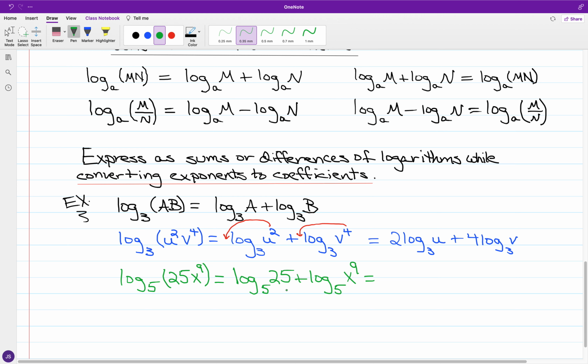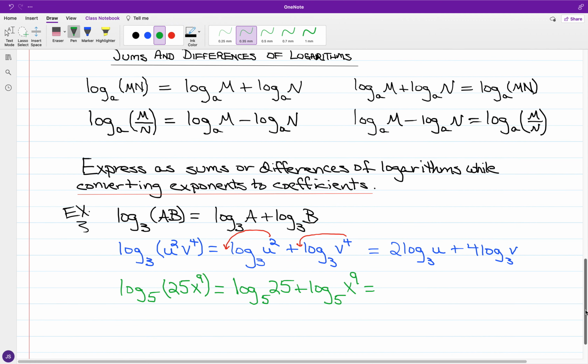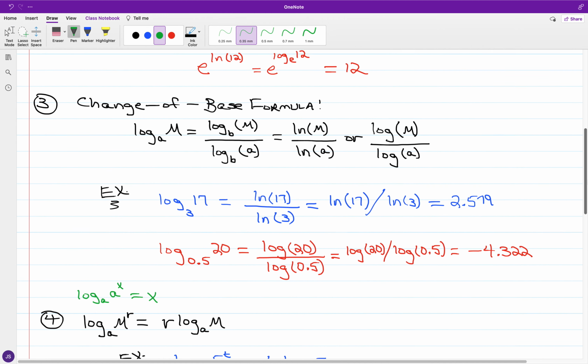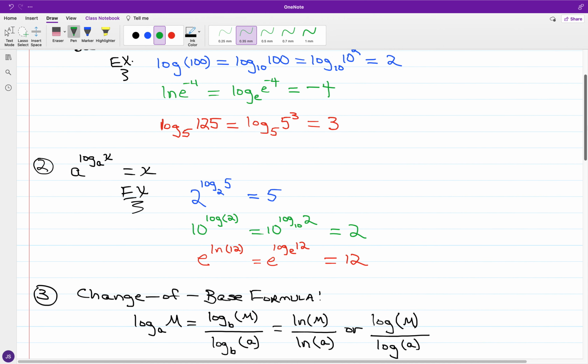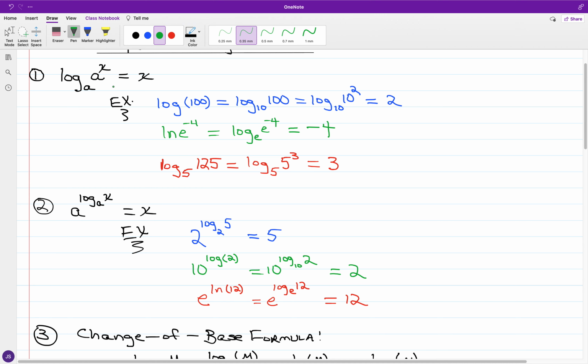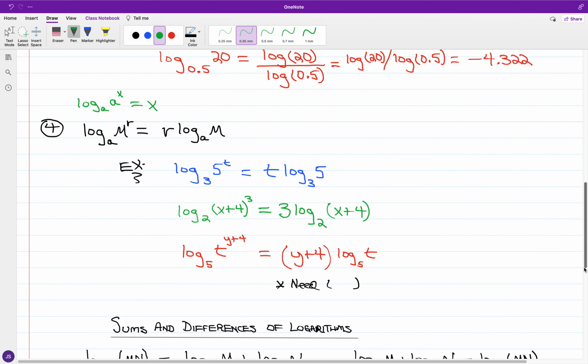Now for the numerical attachment 25, if you notice you have 5 for the logarithmic base, and 25 is a multiple of 5, and it is also an integer power of 5. And so we're going to consider not only the 4th property from the other day, but also the first, where I can convert 25 in terms of the exponential base 5.